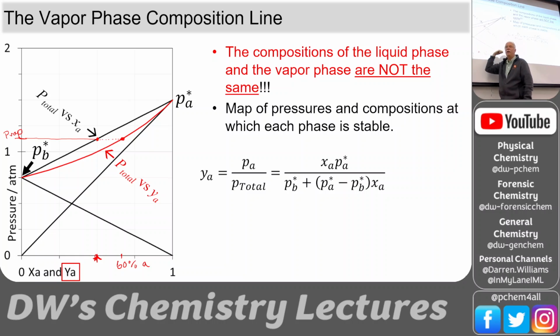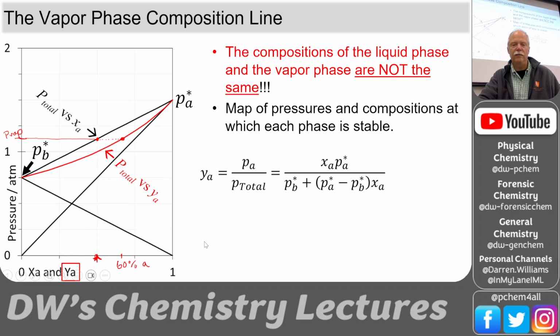We're pulling A out, the most volatile compound gets pulled out of the mixture, and the liquid is the still bottom, and it becomes more concentrated in B, because we're preferentially removing A. So yes, over time, you can deplete the liquid, but if it's just a 50-50 mixture, and you look at the vapor, if you were to condense that in one shot, you would say, wow, it's 60% A. But you go back to the liquid, it's still 50-50, because very few molecules on a mole basis have left the liquid.